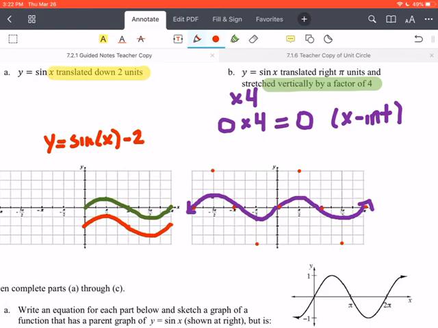And then we can look at what a vertical stretch is going to look like.